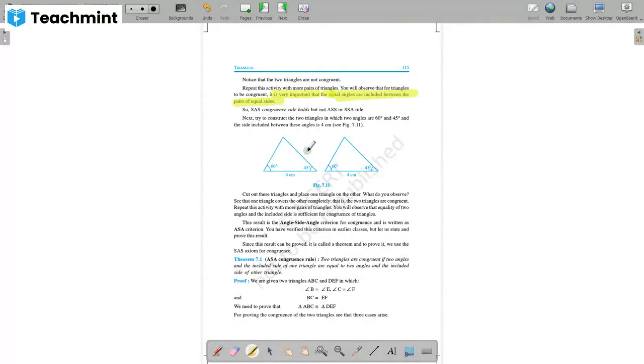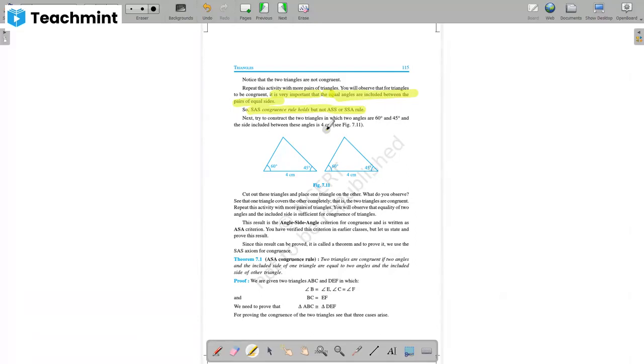Always which angle will it be? Between these two corresponding sides. That is why this SAS congruency rule holds, but not ASS or SSA. This line is very important.